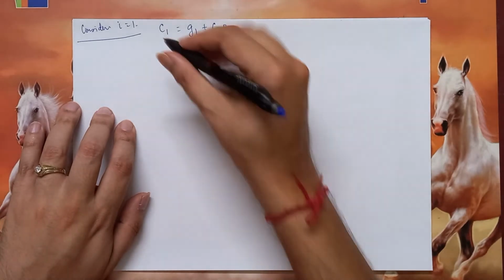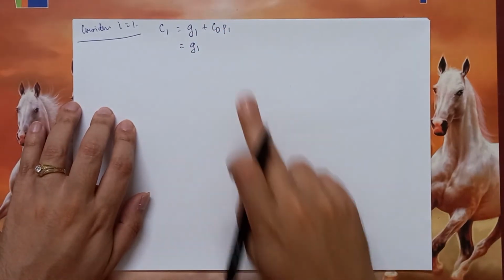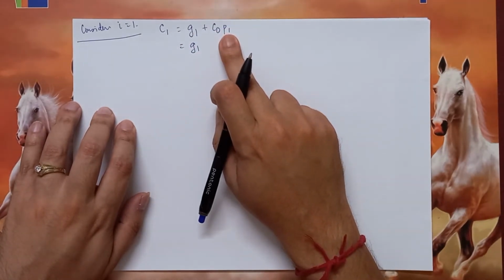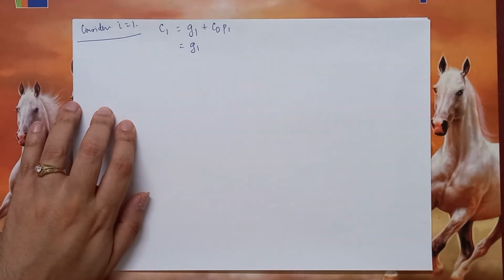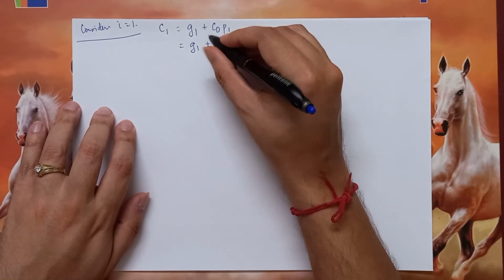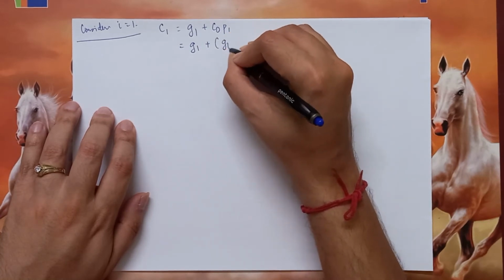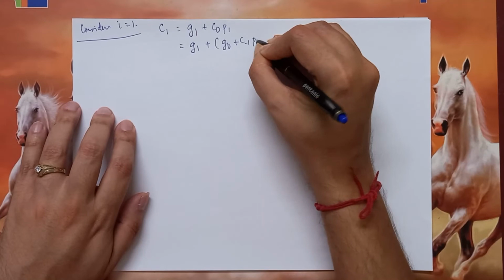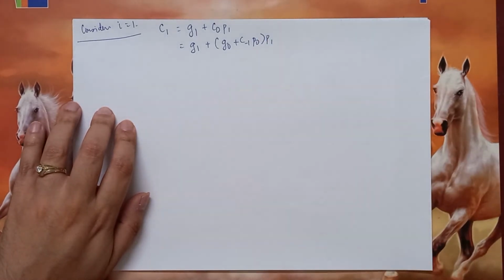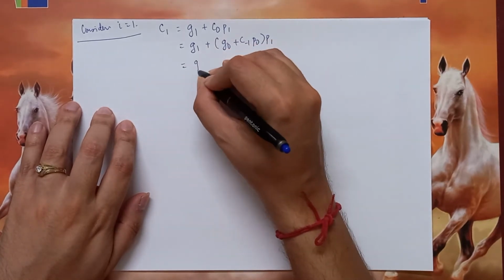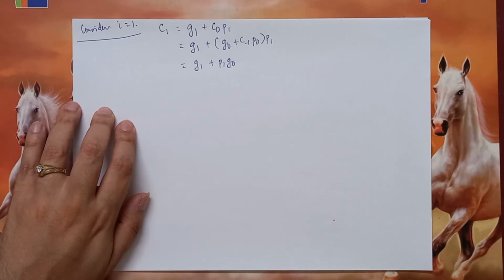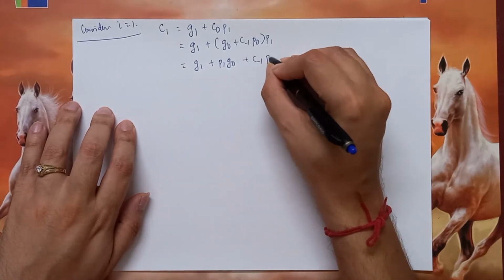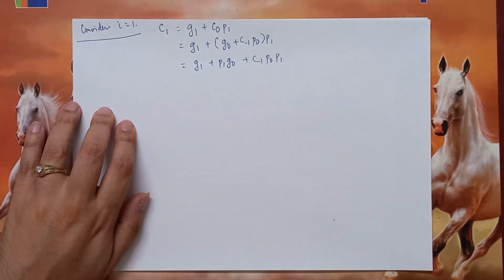Now comes the fun. I can write C0 in terms of the ith stage values. So this is nothing but G1 plus G0 plus C minus 1 P0 times P1. And this will be equal to G1 plus P1 G0 plus C minus 1 P0 P1.